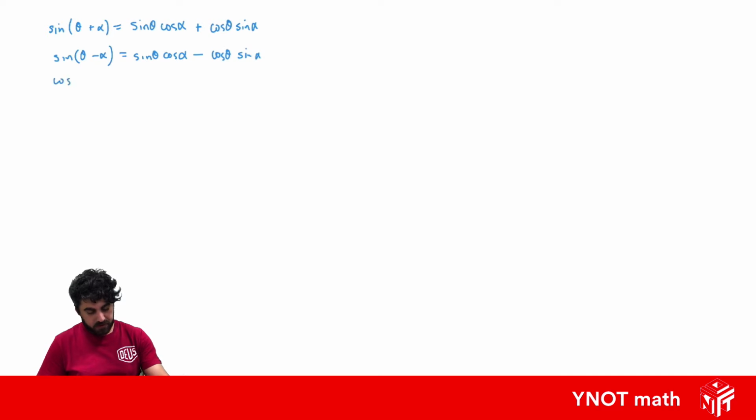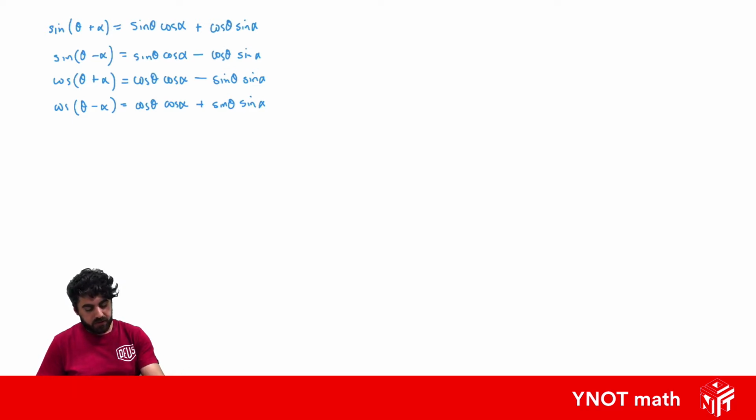We've got cos theta plus alpha equals cos theta cos alpha minus sine theta sine alpha. And we've got cos theta minus alpha is cos theta cos alpha plus sine theta sine alpha.